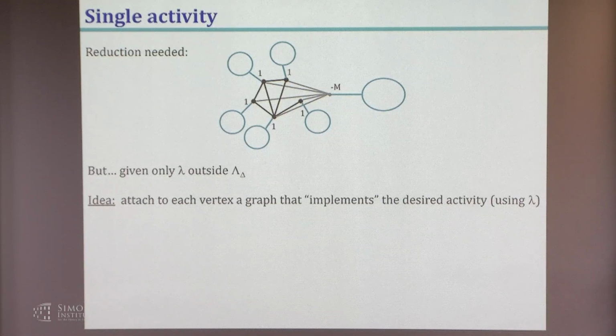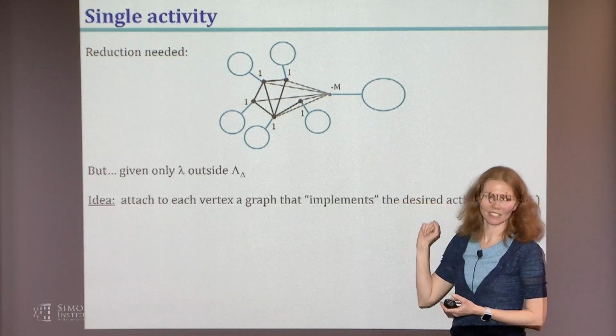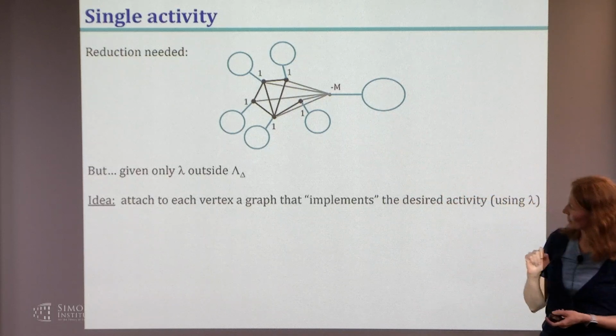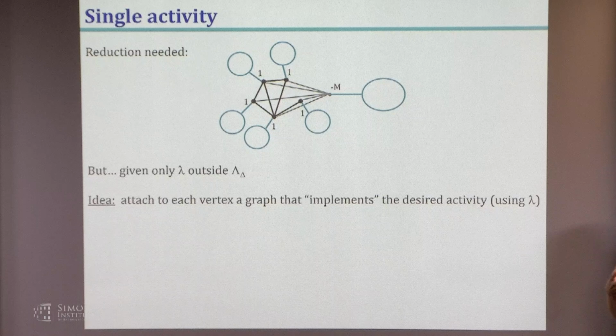That means that we're going to do another gadgeteering. We're going to attach a gadget to every vertex, and it's going to be these blue thingies. Each of these gadgets is going to be responsible for having the effect of the vertex that it's attaching to having the desired activity.